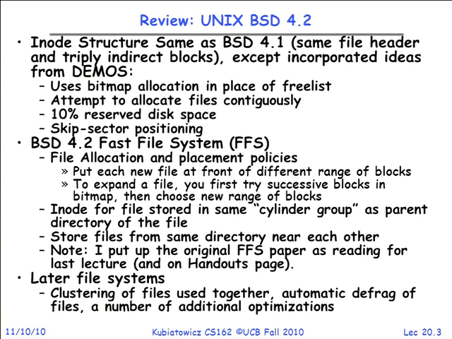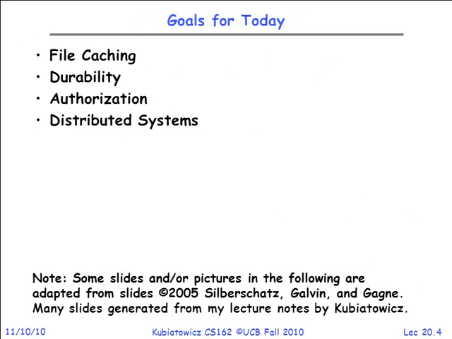So today I want to finish up file systems to some extent and talk about caching and so on, and then we're going to talk about durability and how to make sure that your files are around. And this is going to be a two-part conversation.